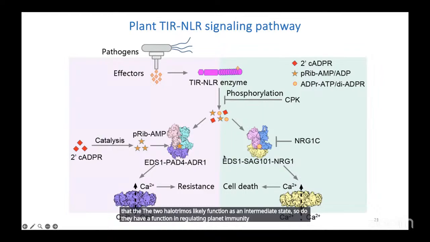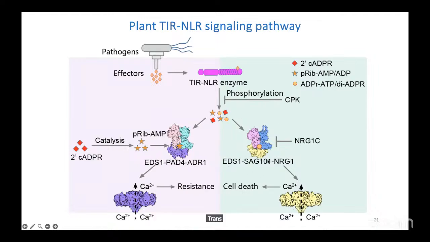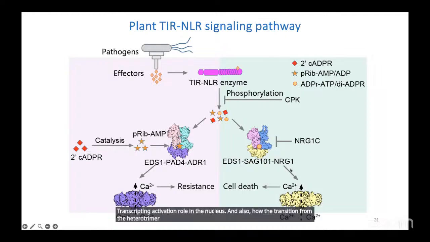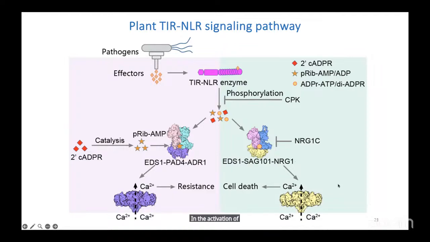Our study suggests that EDS1 and NRG1 likely have a transcription activation role in the nucleus, and also how the transition from the heterotrimer to oligomer occurs, and how PTI is involved in the activation of NRG1 and ADR1.